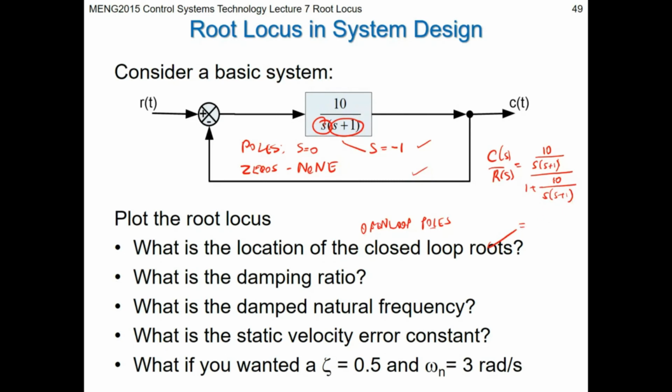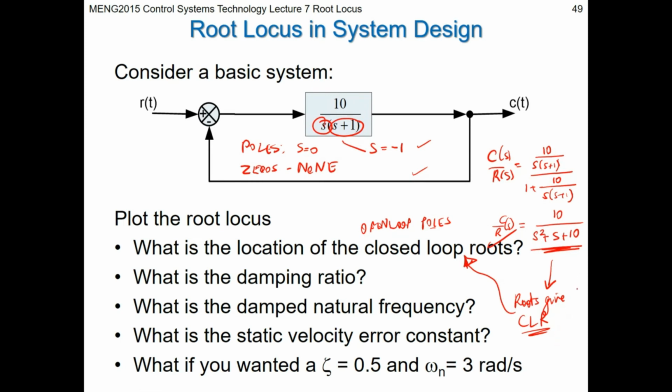When we multiply that out, that'll give us 10 over s squared plus s plus 10. So now this is our closed loop transfer function, so the roots of this give us our closed loop roots, CLR. Then we can calculate the damping ratio.